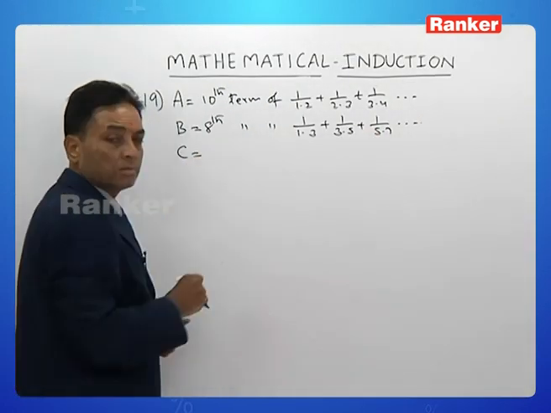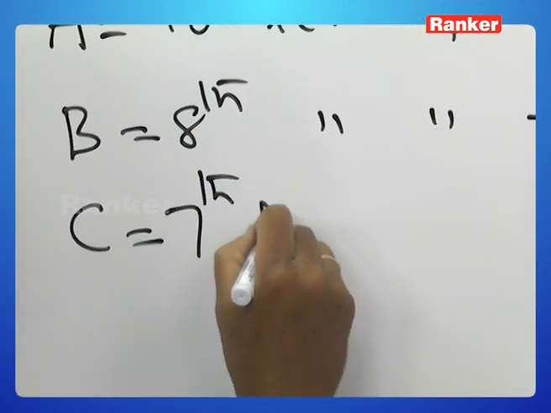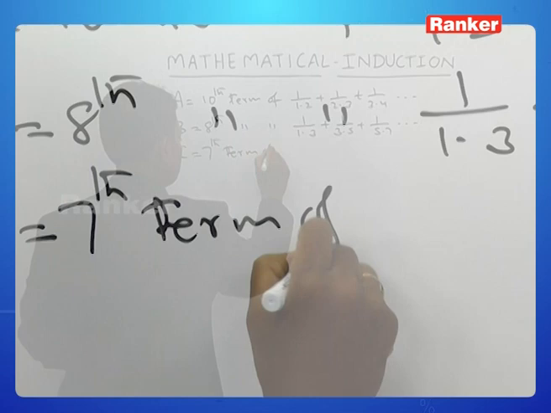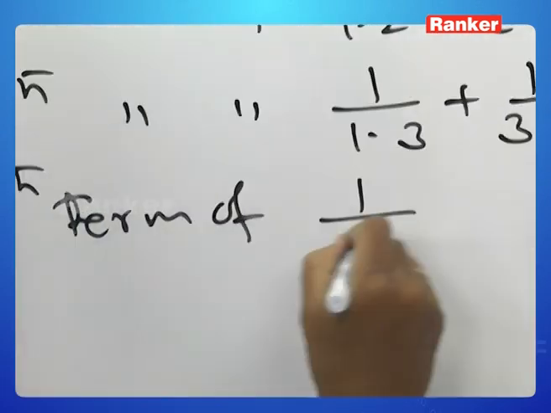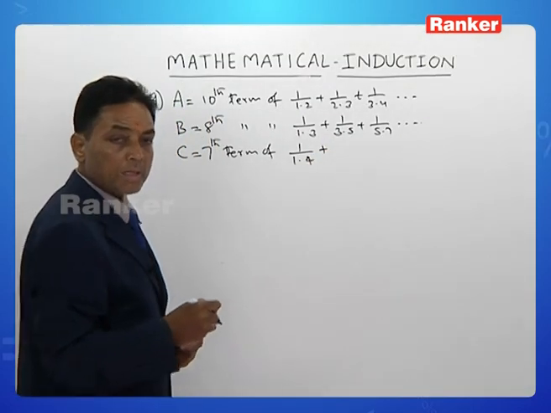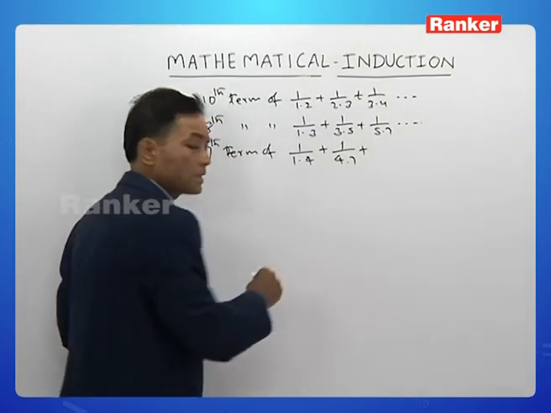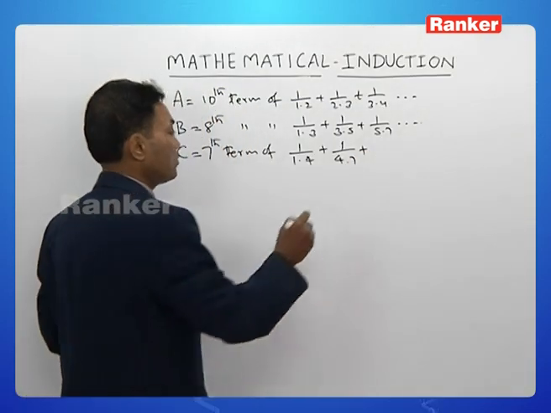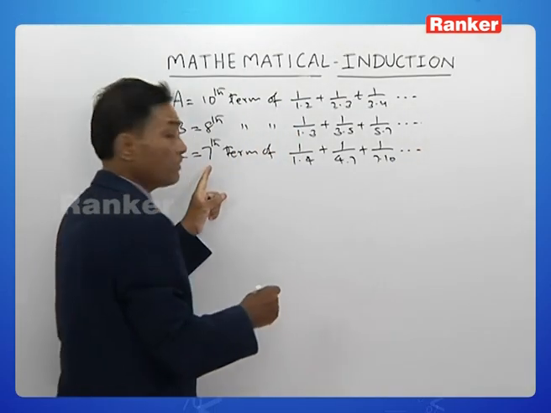And C: the 7th term of 1 by 1 into 4 plus 1 by 4 into 7 plus 1 by 7 into 10 and so on. We have to go for the 7th term.